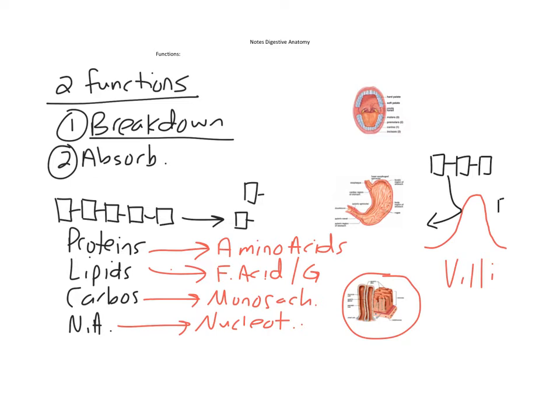But the small molecules, once they're broken down, the amino acids, the monosaccharides, can sneak in, and they can get into our bloodstream. So our first function is breakdown, our second function is absorption, and that's the two main functions of the digestive system: to break the large molecules to small molecules and then absorb those small molecules.